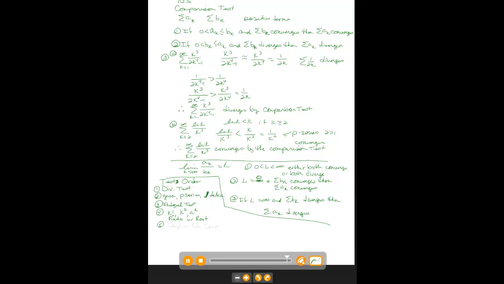Okay, and then after that, if those aren't working, then you're going to go to your comparison tests. And so I'm going to have comparison or a limit comparison. So that's the order you should look at things. It's not always the right way, but it helps to organize your thoughts thinking of things that are going to work. So that would be the order I would look at them.